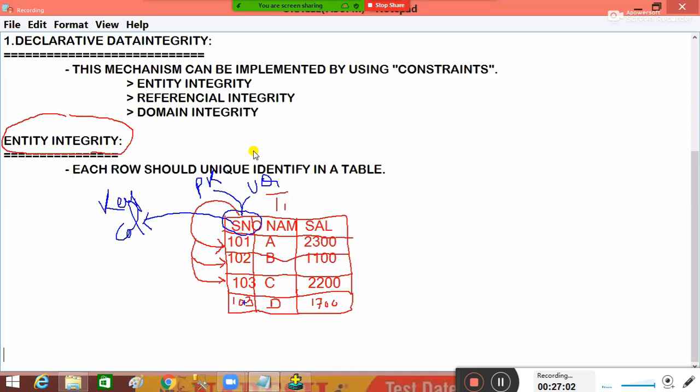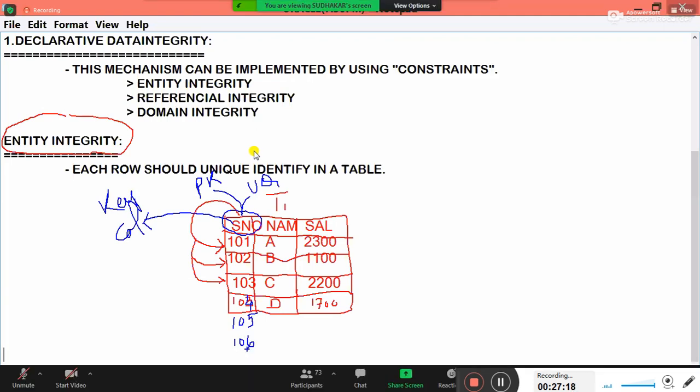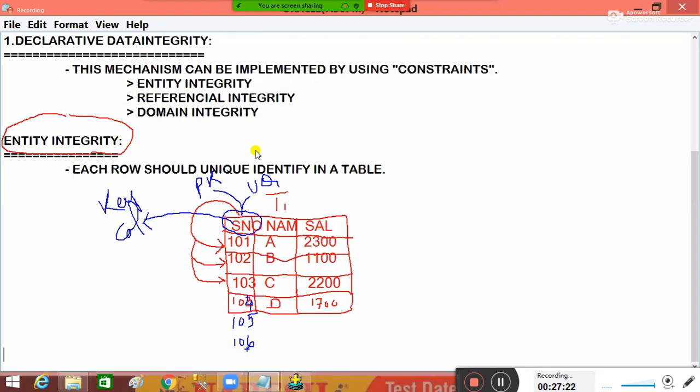That means when I insert 103 again, this is not allowed. Only unique values are allowed. It doesn't allow duplicate numbers into the serial number column; every value accepted is a unique number. In that case, each row is uniquely identified, yes or no?